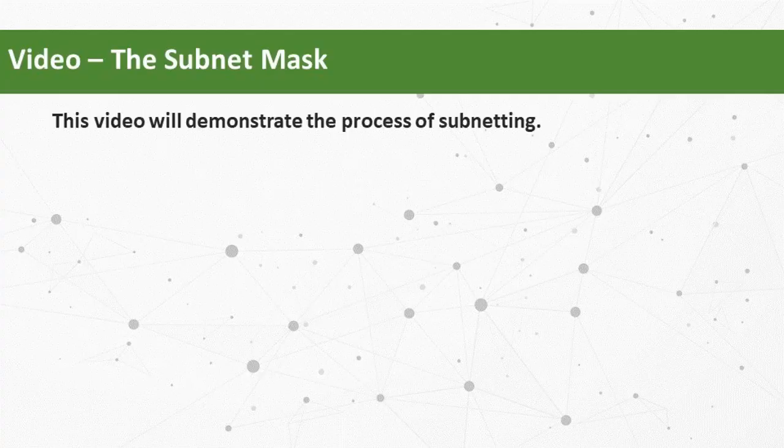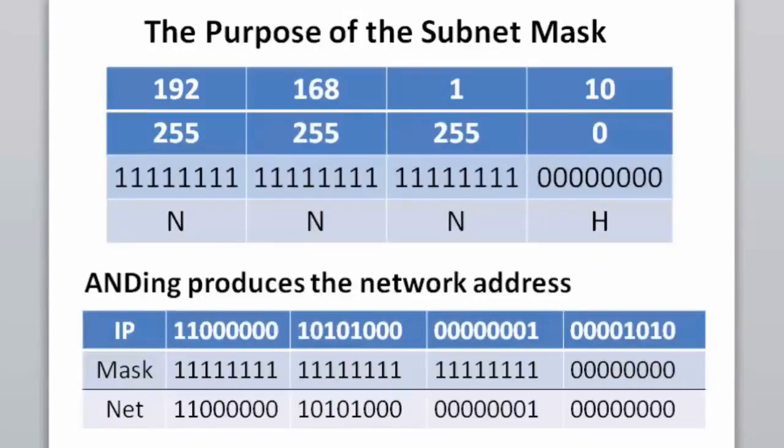Now, I want to take a moment to point out that subnetting makes sense from the binary perspective. In other words, when we take the IP address and the subnet mask and convert them to binary, I have the IP address on this row here, and the subnet mask on this row converted to binary, the computer and the router are able to logically AND, or combine, the IP address and the subnet mask and find the network address.